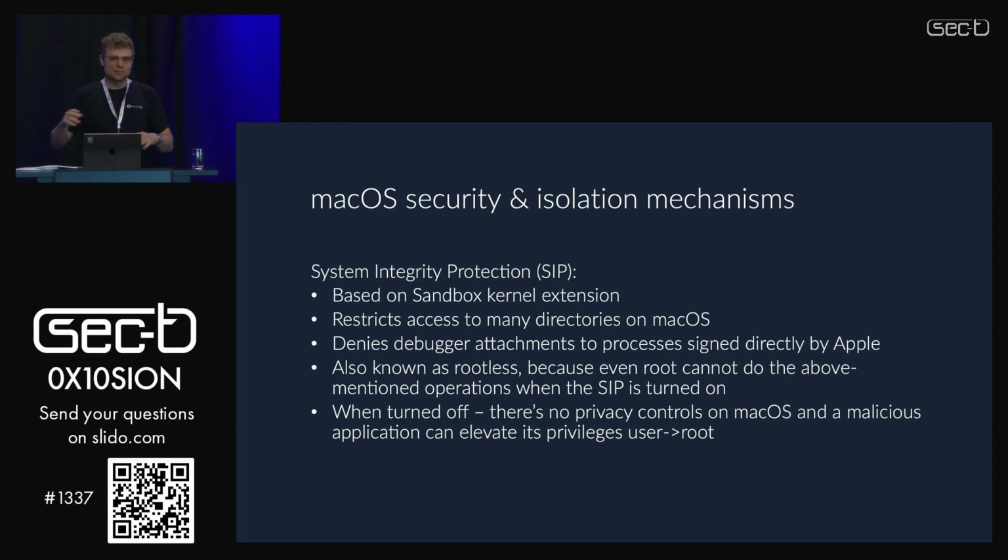They will be able to elevate from user to root. The whole TCC, the whole privacy framework, is turned off when SIP is turned off. So please do not do it. I've seen such a highly voted answer on Stack Overflow too many times. Because yes, it solves the problem, right? If something on a security level doesn't work on macOS and you kill the global security mechanism, everything will work, right? So yeah, that works, but please do not do it.